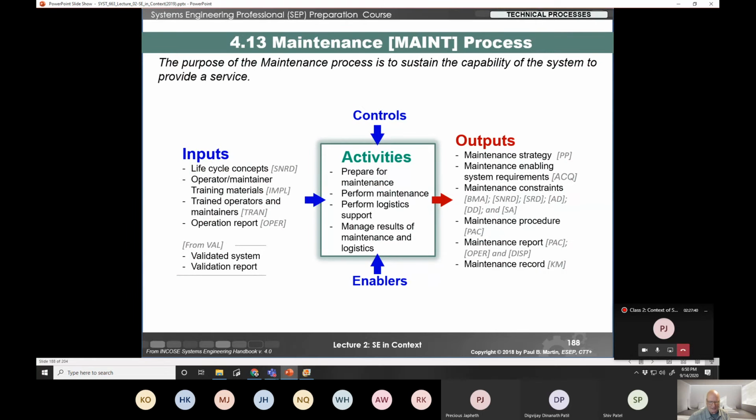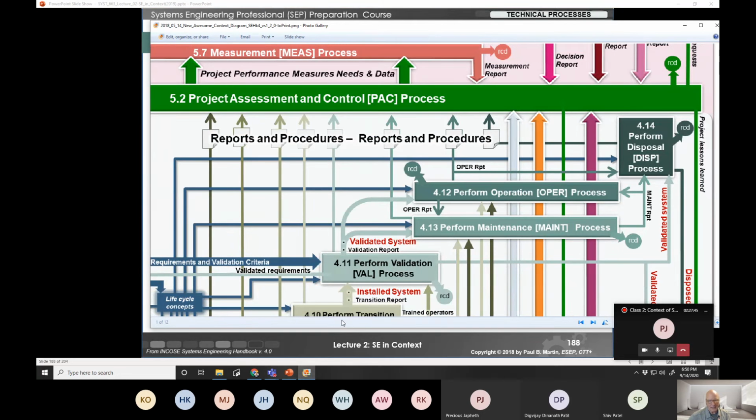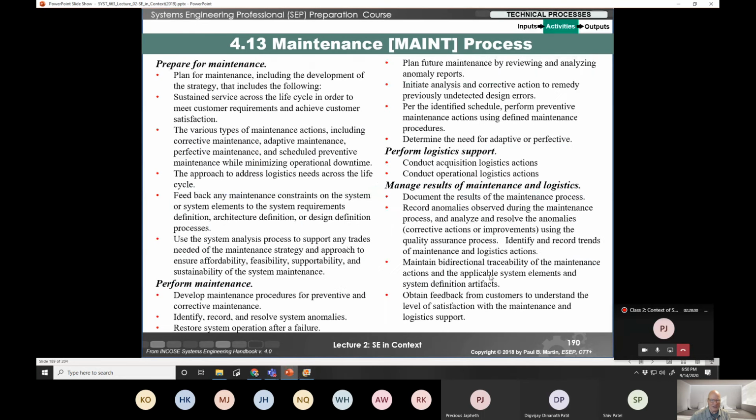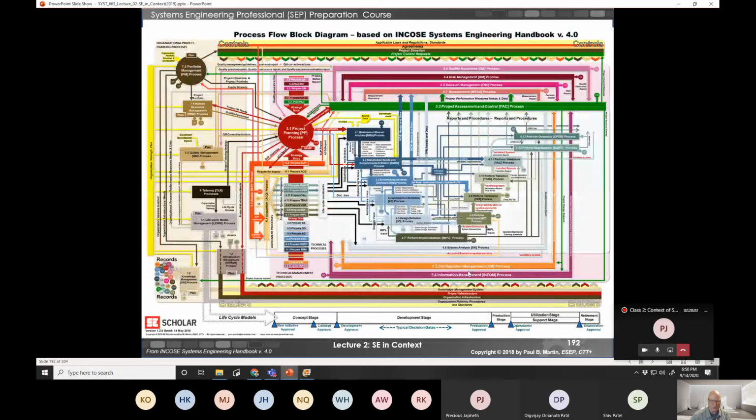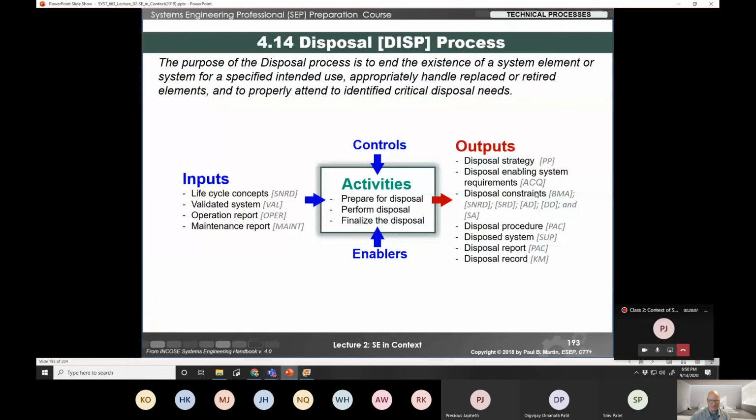Eventually, you get tired of it and you go into a phase I call, it's not you, it's me. So you want to break up with the system. Well, you want to actually perform this disposal. So out of your operation and maintenance, your validated system will go into disposal. One of the main outputs of your disposal, as you're retiring the system, is an actual disposed system, if that's the case.